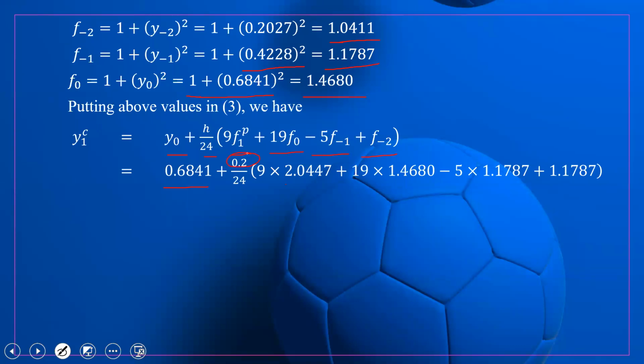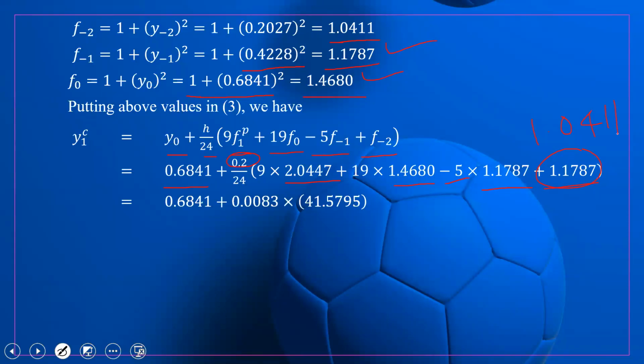The value of f1 is 2.0447, and then f of 0 is 1.4680, minus 5 times f of minus 1, which is 1.1787, and the last part, f of minus 2, is 1.0411. Okay.